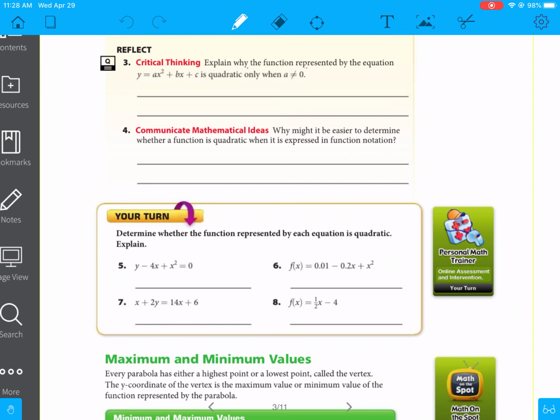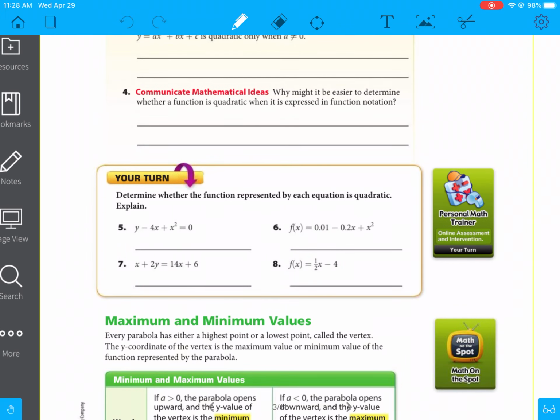Okay, so if you take a look here, the biggest thing that tells you is if your x is squared. So if you look at number 7, your x is not squared, so it's not quadratic. Same thing with number 8. You have 1 half x minus 4. That's actually going to be a linear equation, so not quadratic.